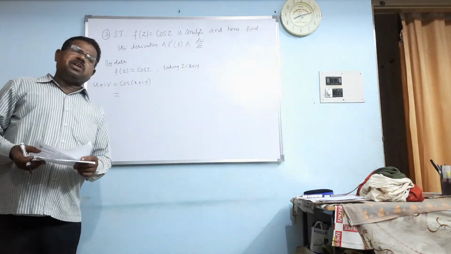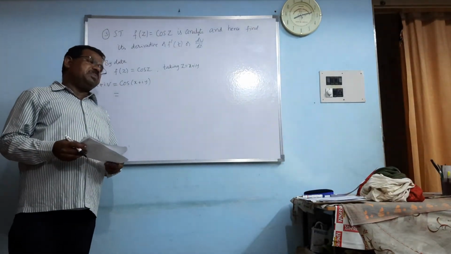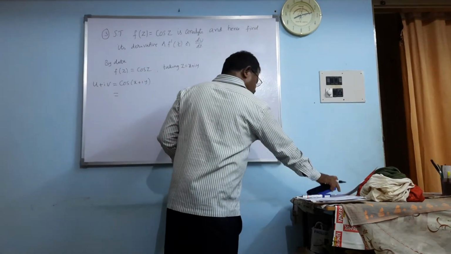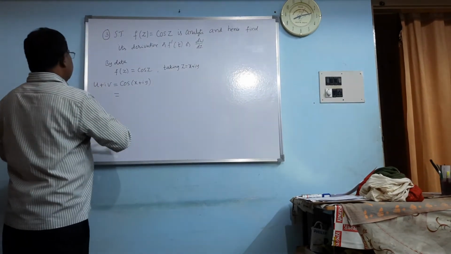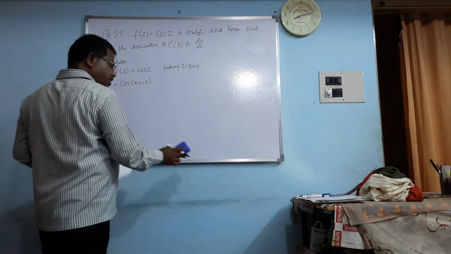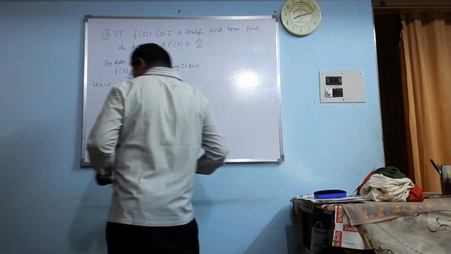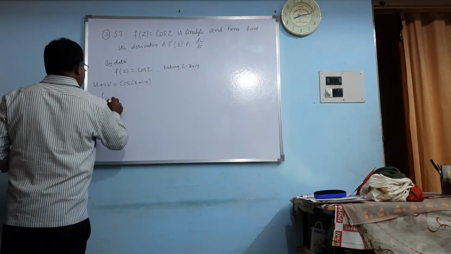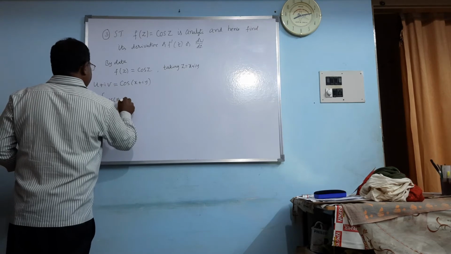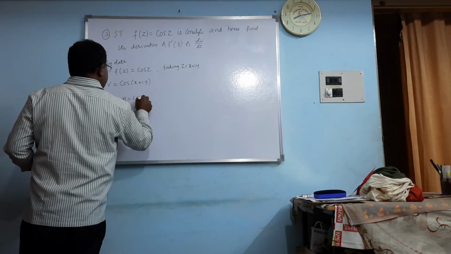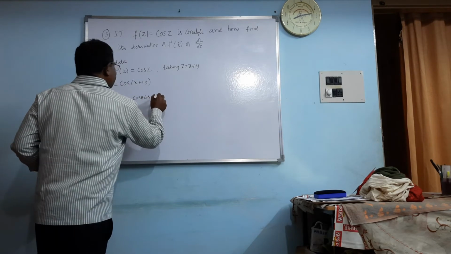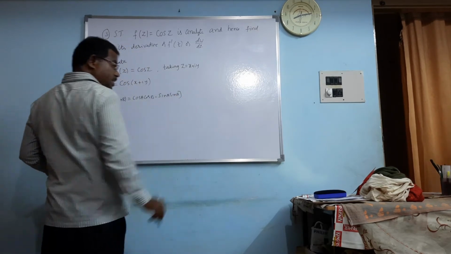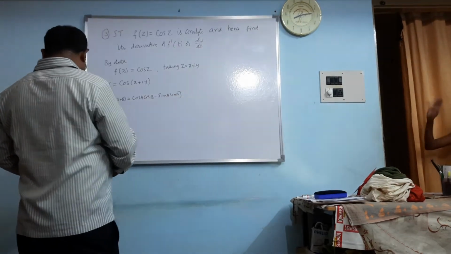Already you know the elementary formula. What is cos of a plus b? Once again we recall this elementary formula, everybody knows it. Cos of a plus b equals cos a cos b minus sin a sin b, right?